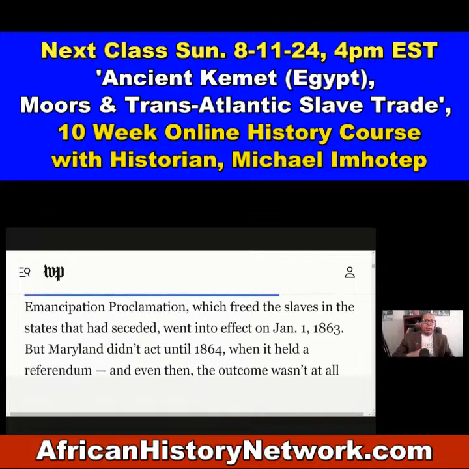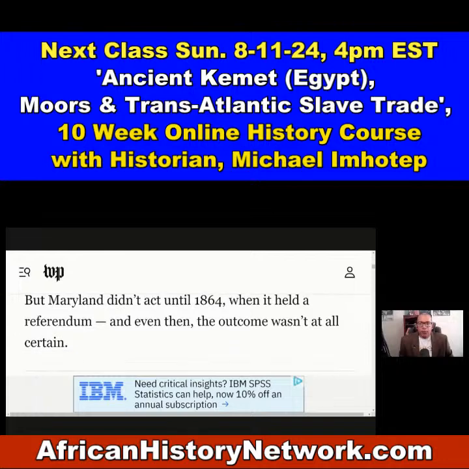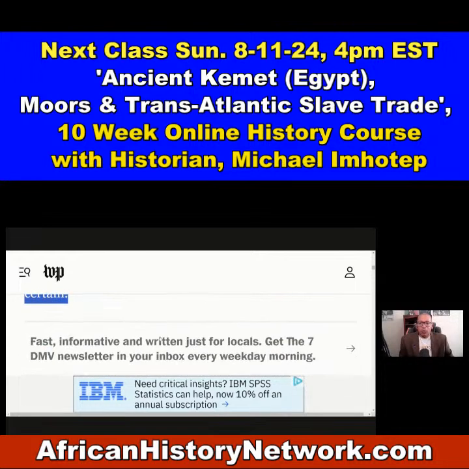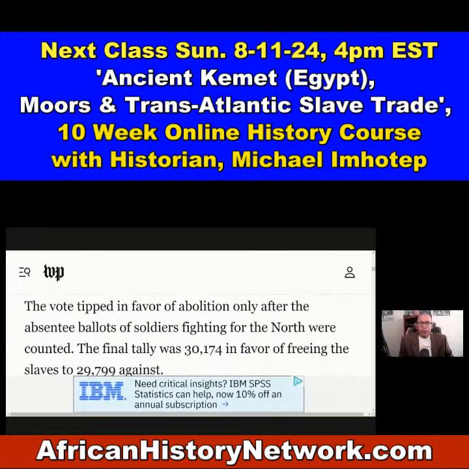The Emancipation Proclamation, which freed the slaves in the states that seceded, went into effect on January 1st, 1863, but Maryland did not act until 1864 when it held a referendum. And even then, the outcome was not at all certain. The vote tipped in favor of abolition only after the absentee ballots of soldiers fighting for the North were counted.